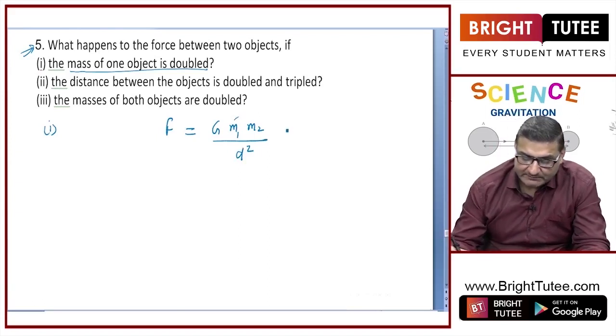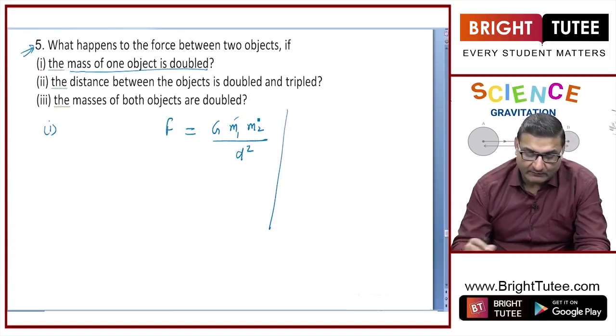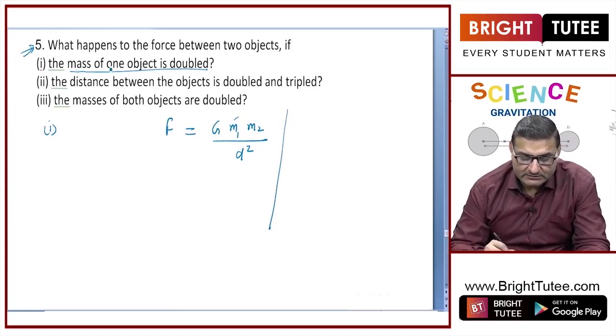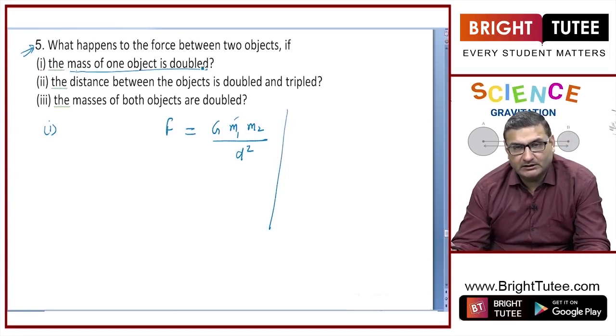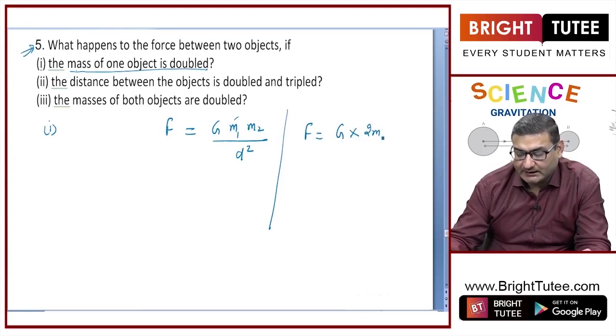Now, as per the question, this is what the normal force would have been. What he is saying is, if the mass of one object is doubled, then the force, which was initially G m1 m2 upon d square, now, let us say the mass of one object has been doubled, becomes G into twice m1 into m2 upon d square.